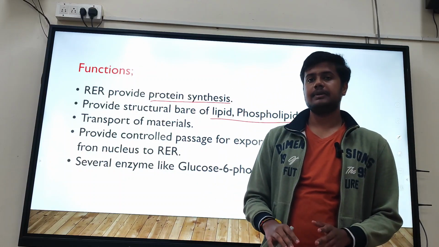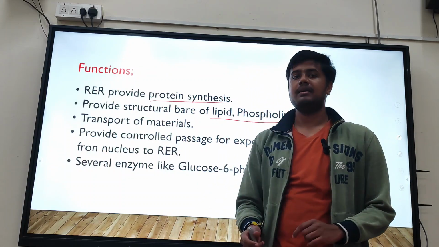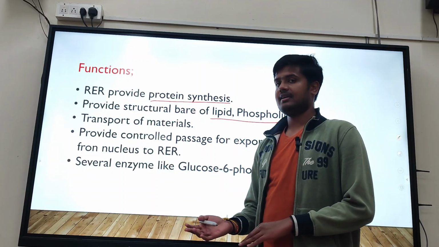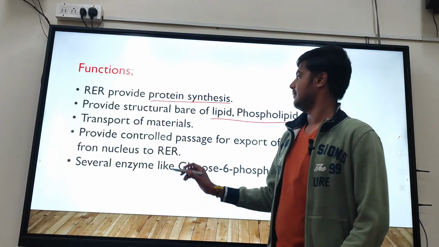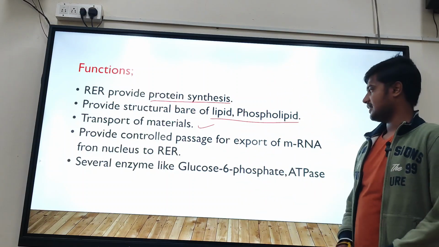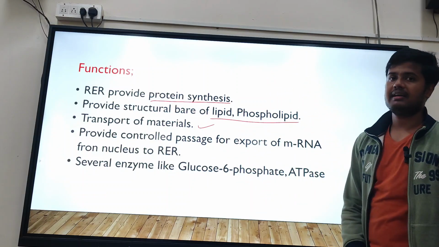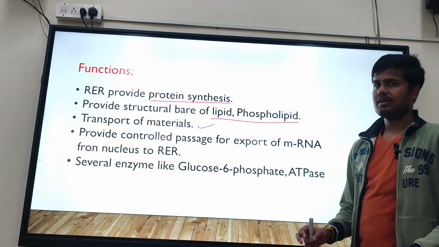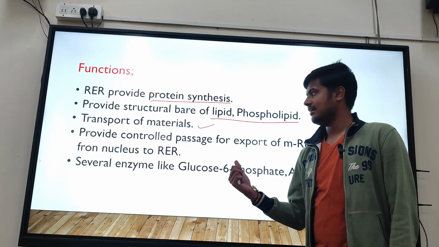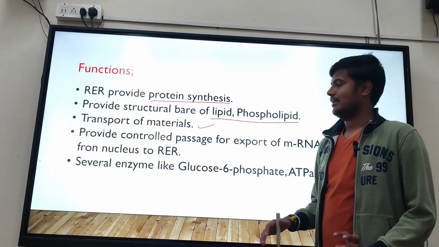Both rough and smooth endoplasmic reticulum transport material from one organelle to another in the cell. It controls the passage or export of mRNA from the nucleus. Export of mRNA is where the translation or transcription concept comes in.